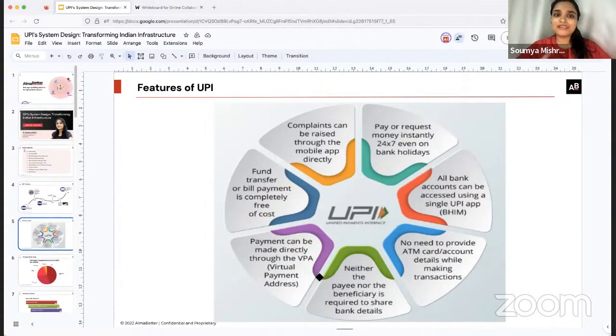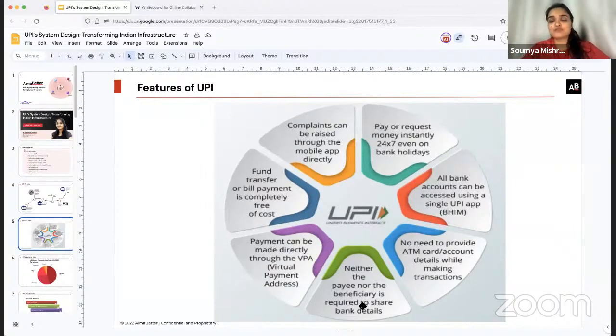So you guys understand the concept of IP address? Anybody who doesn't understand the concept of IP address? I don't see a no, so I assume all of you understand what an IP address is. So similarly, there is a VPA for us human beings, like there is one Aadhaar card number.